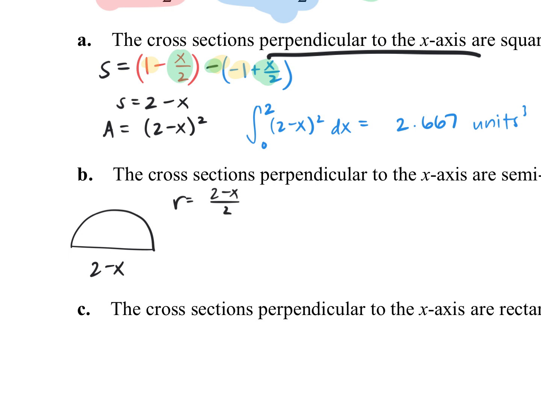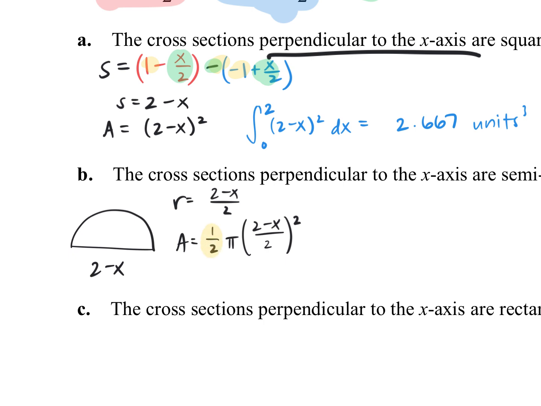Which means my area is 1/2 pi times my radius squared. Okay, let's simplify this out, pull out my constants.